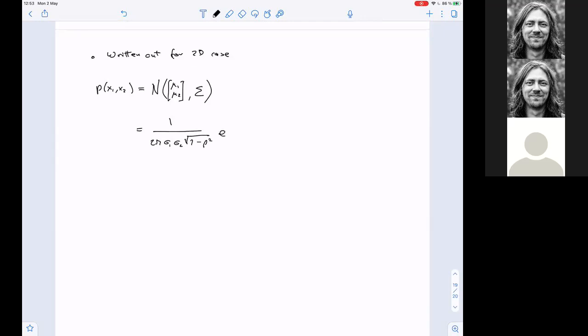And we get e to the minus 1 over 2(1 minus rho squared), and then a long bracket that contains ((x1 minus mu1) divided by sigma 1) squared, ((x2 minus mu2) divided by sigma 2) squared, and importantly, the cross term, which is minus 2 rho (x1 minus mu1)/sigma 1 times (x2 minus mu2)/sigma 2.